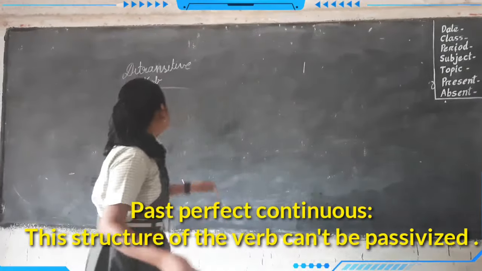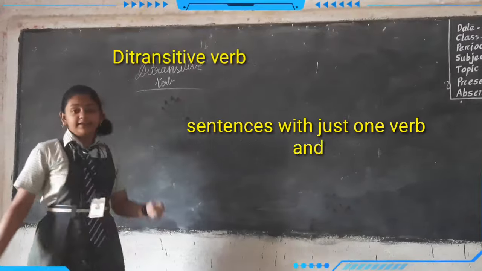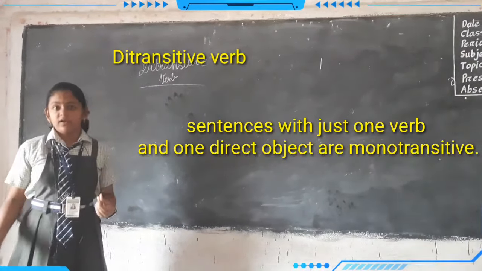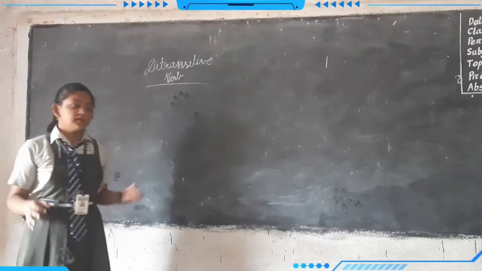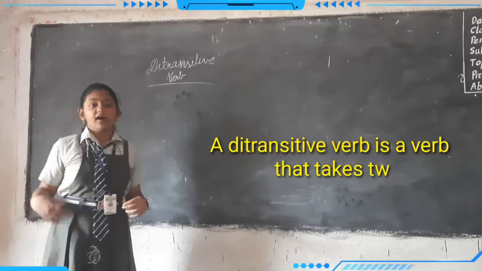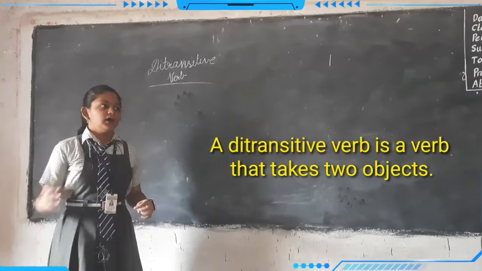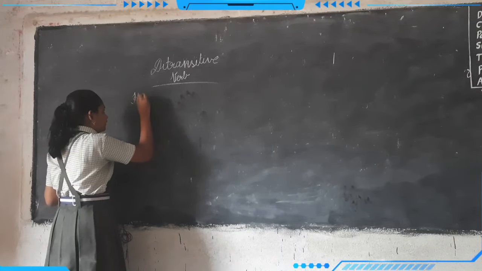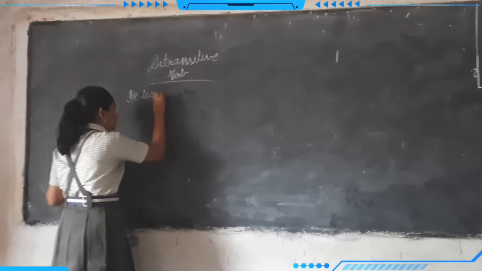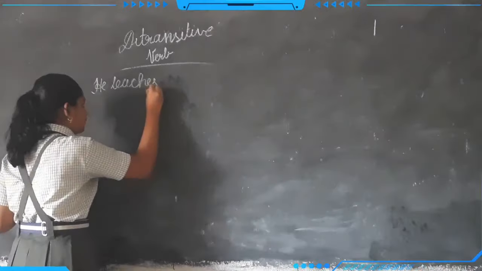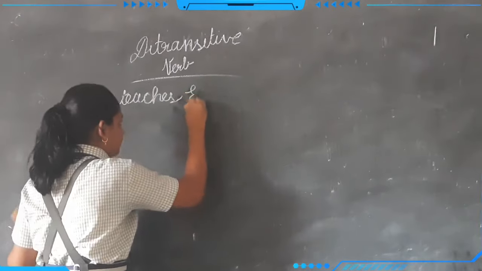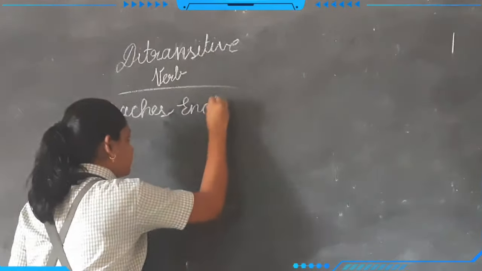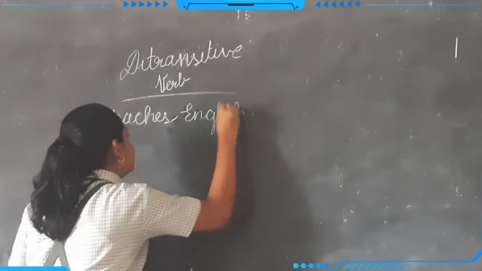Next, we come to ditransitive verbs. The sentences that have one object are called monotransitive verbs, and the verbs that have two objects are called ditransitive verbs. For example, he teaches English.